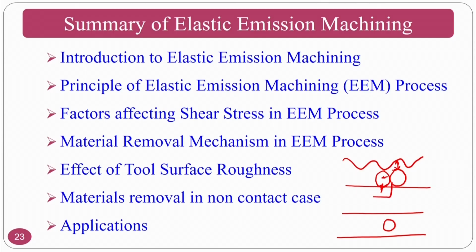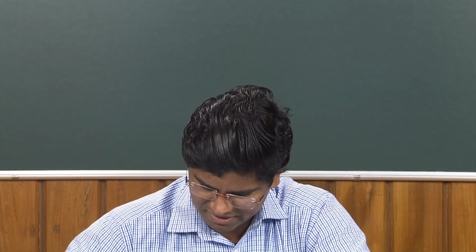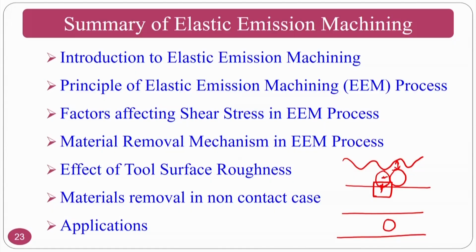At this particular location, it will scratch the surface, so you may get lines or scratch marks on the surface. So, for material removal in the non-contact type, you have seen the 3 modes of material removal, and in applications you have seen beam lines, lenses and other places where you will use this elastic emission machining process.